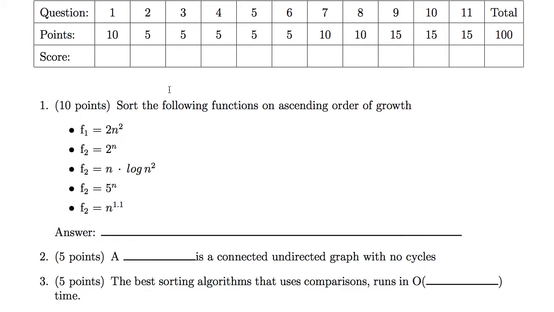Log n squared is 2 log n, right? We are comparing log n squared and n to the 1.1, n to the 0.1. N to the 0.1 is tiny, but it's still positive and it's going to keep growing, right?